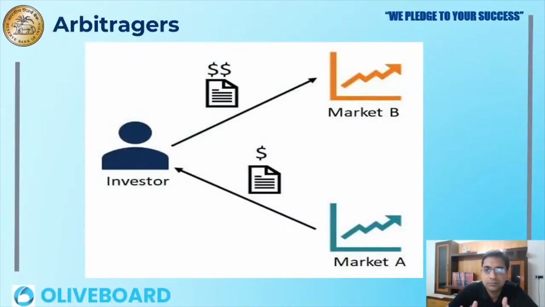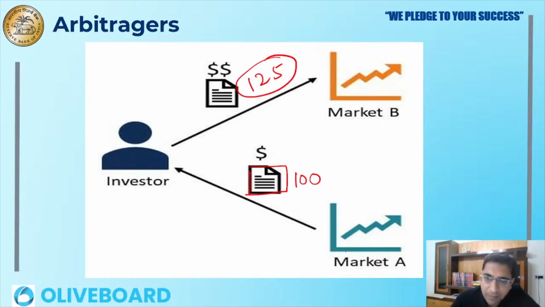So if I say, I take one paper from market A for 100 rupees, but I know the value of the same paper in market B is rupees 125.